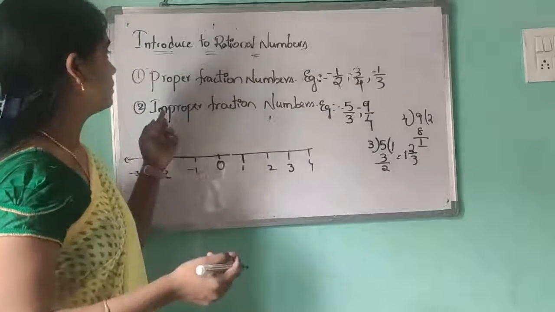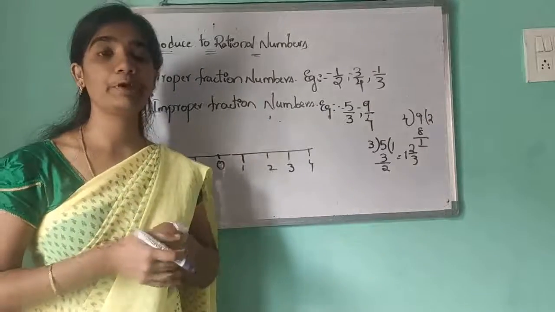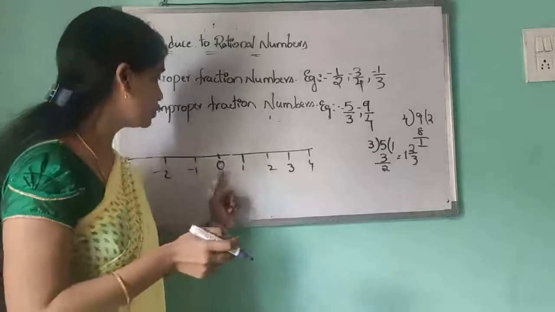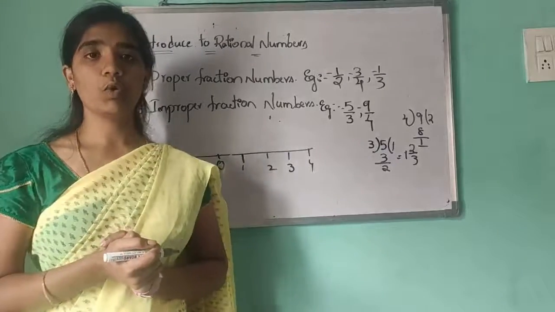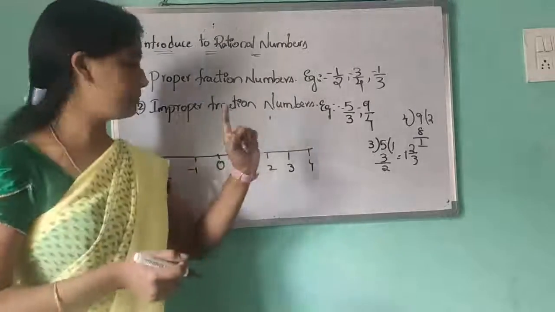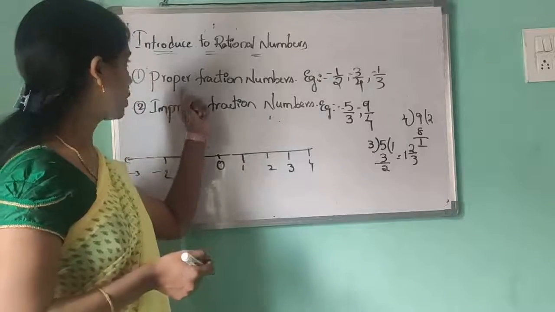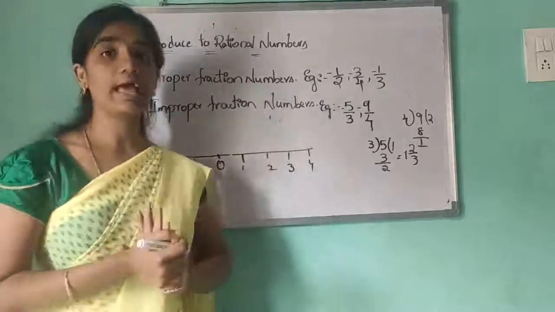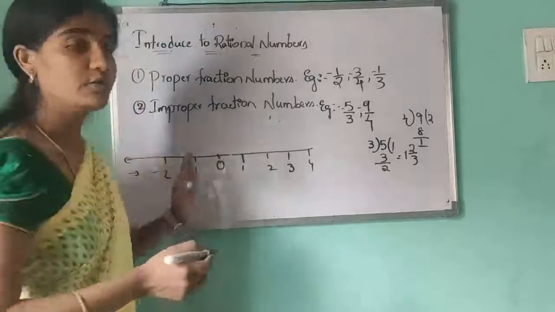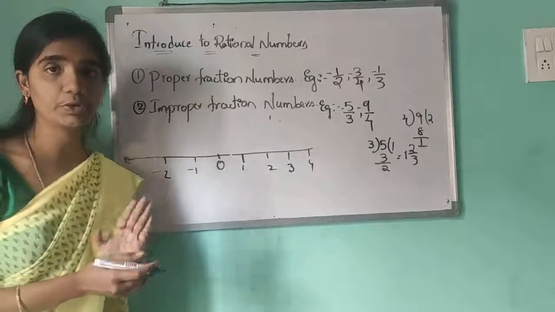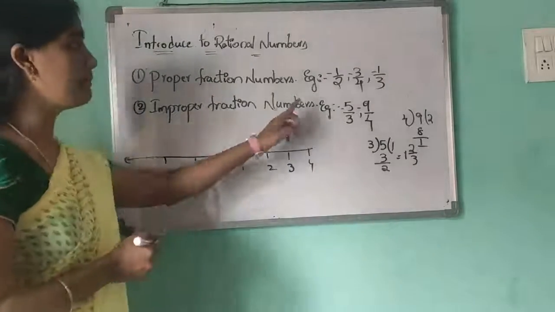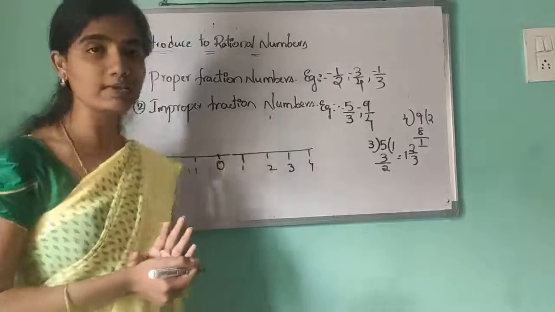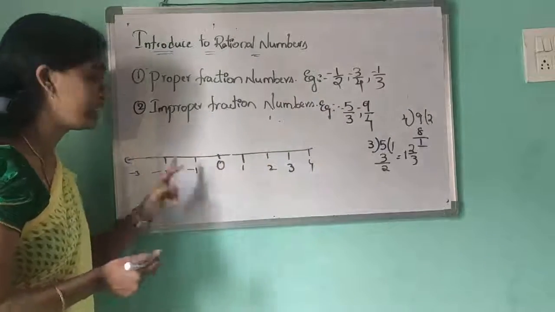We already know the positive number 1 by 2 lies in between 0 to 1. But negative proper fractions can be represented between 0 and minus 1. Minus 1 by 2 lies in between 0 and minus 1.